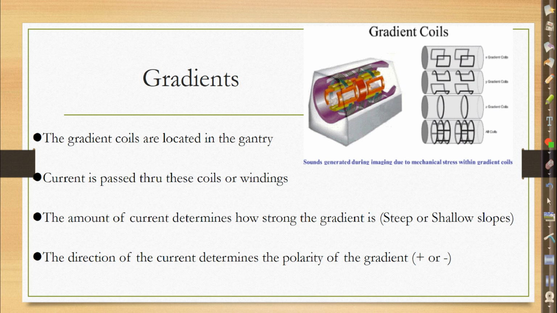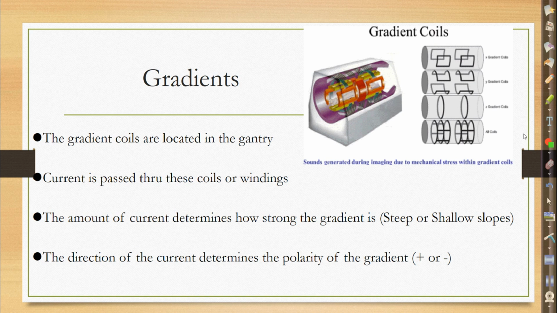And we know that if we apply current in the clockwise direction, say at the head of the gantry, we get a positive magnetic field towards the head. If we apply current in the counterclockwise direction towards the feet of the patient, we get a negative or counteracting magnetic field.